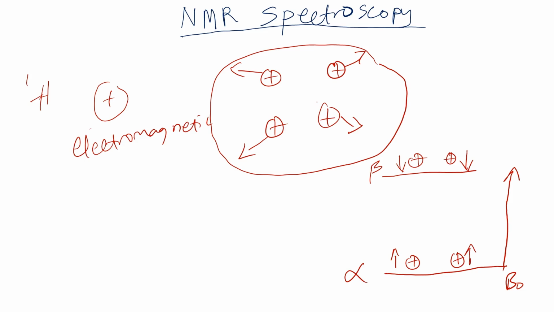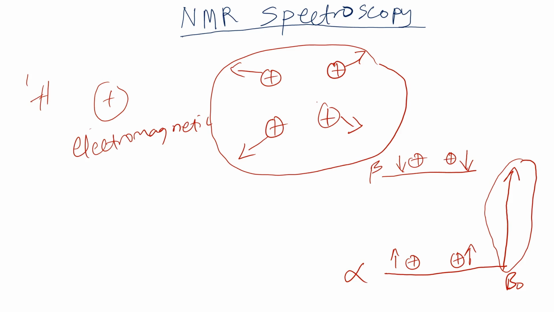I believe swimming in the same direction as the flow will be much easier. The same thing is applicable here. So most of these protons prefer to align with the same direction as the external magnetic field B naught. However, you still find some of them aligning in the opposite direction.